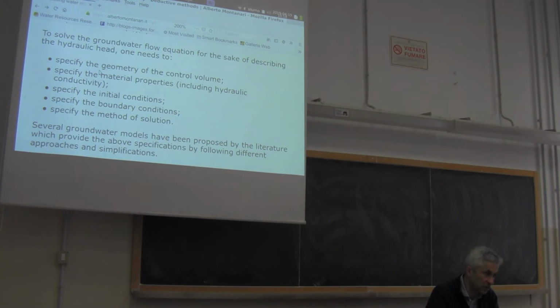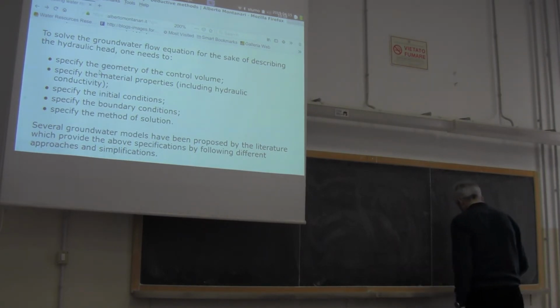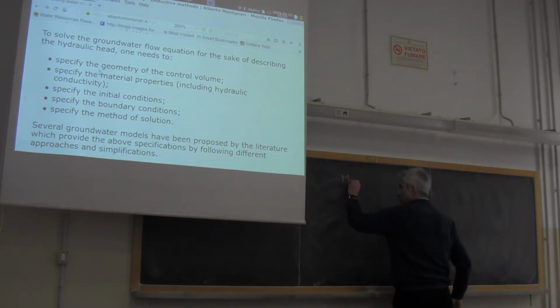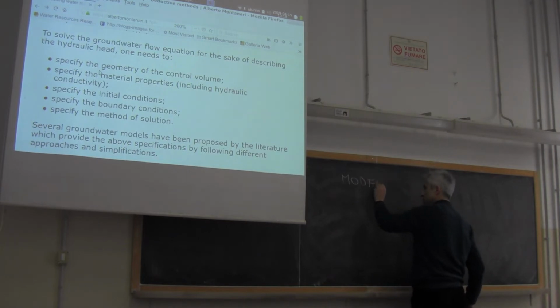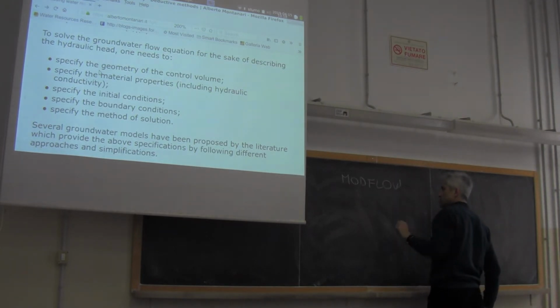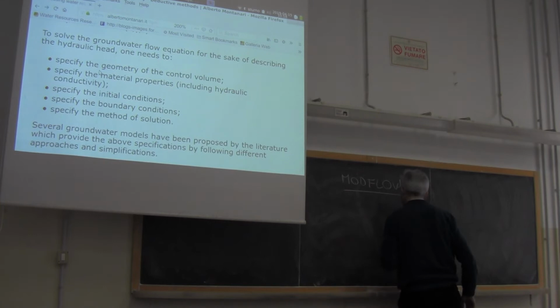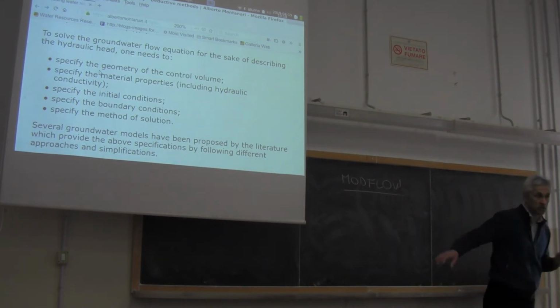There are several models proposed by the literature. Some of them are available. There is a model that is available open source, which is called, we don't go into the detail of this model, but this is available open source. I never used it, so I wouldn't be able to teach it.